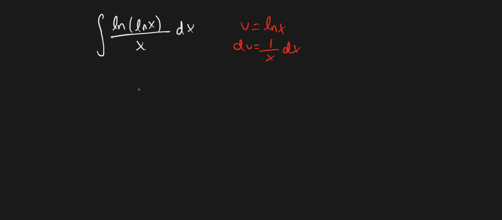This really simplifies the problem because notice that I can rewrite this integral. The natural log of x becomes u, and then over x, this can be rewritten as times 1 over x dx, which we know is just du, so we can replace that with du.